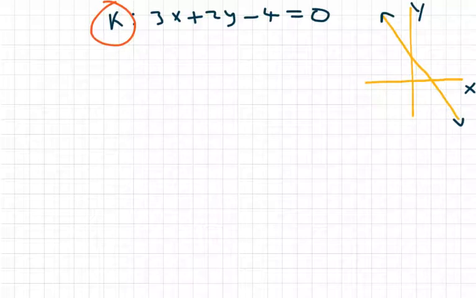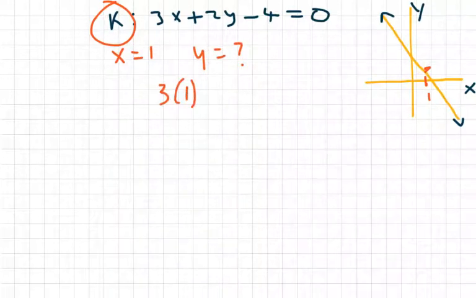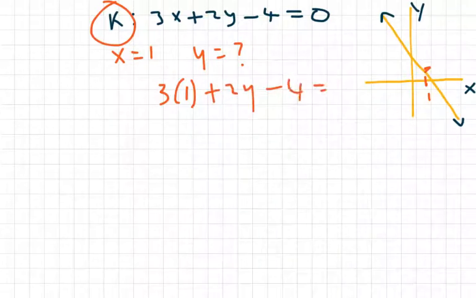So the first thing we can do is work out, if I give you the value of x, for example, if x is equal to 1, what's the value of y at this particular point? So if x equals 1, y equals question mark. I can work out what y is, because I can go 3 times 1, that's x equals 1, plus 2y minus 4 is equal to 0.